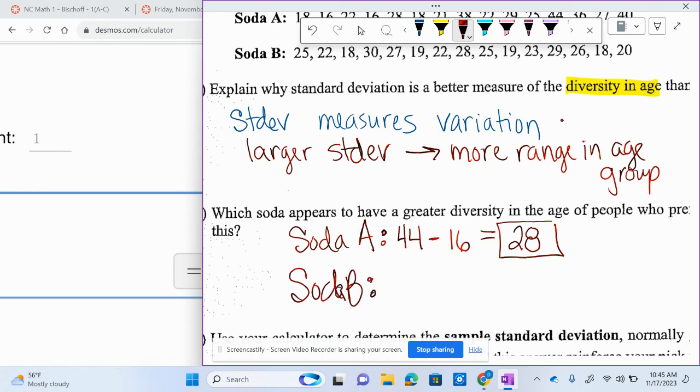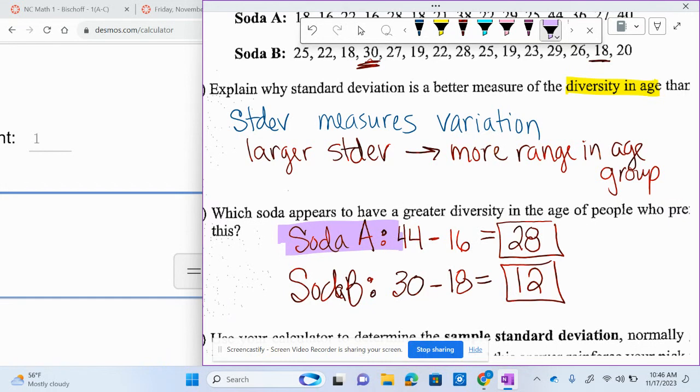What's the oldest person that enjoys soda B? 30. Yep. What's the youngest person that likes soda B? 18. What's the age range there? 12. So which one do you think appeals to a more diverse crowd? Soda A. We just did that using the range.